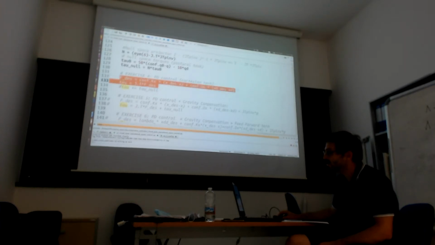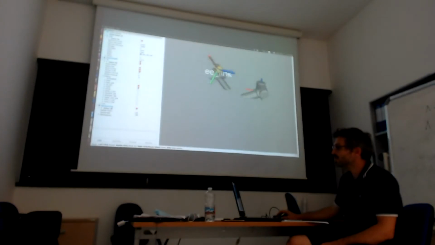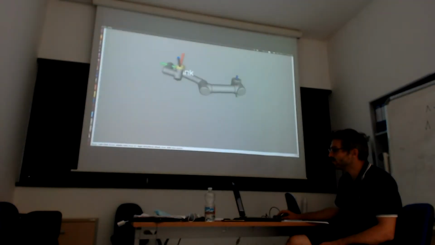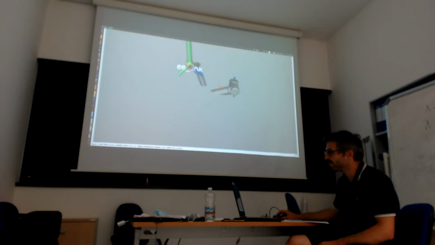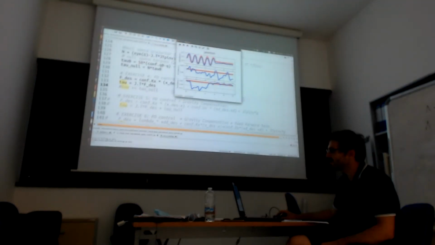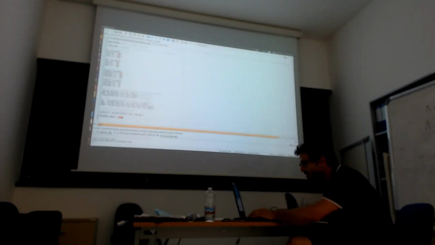In this case, since our task is only 3-dimensional and our set of torques is 6-dimensional, we expect some indeterminacy in the motion, because the end effector is able to follow the desired trajectory, but the whole motion of the joints is completely random. Sorry, there was an external force here.